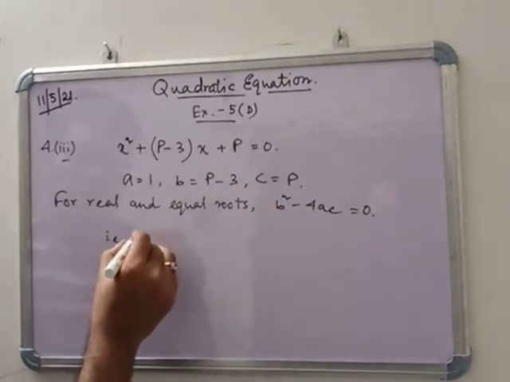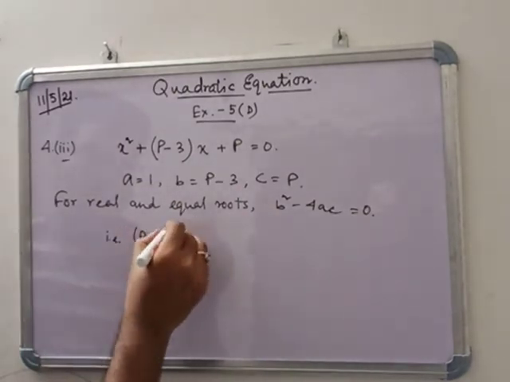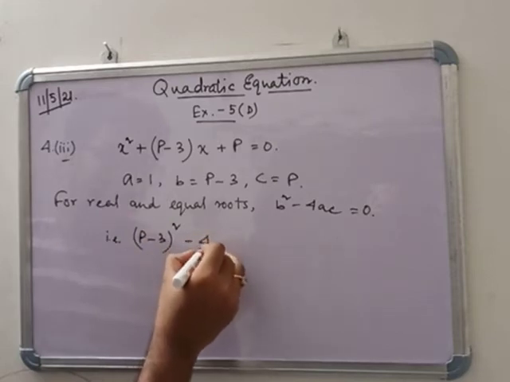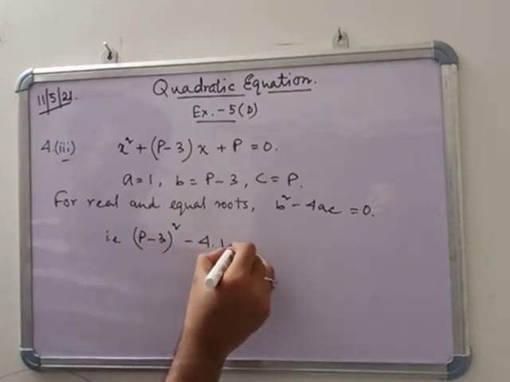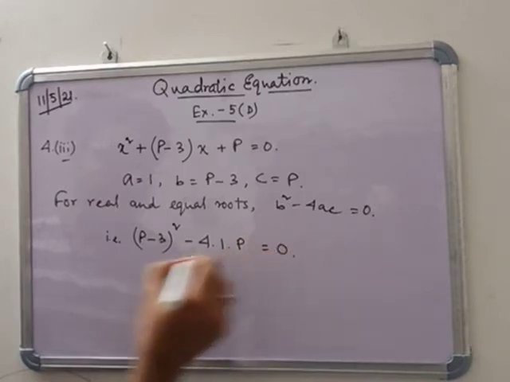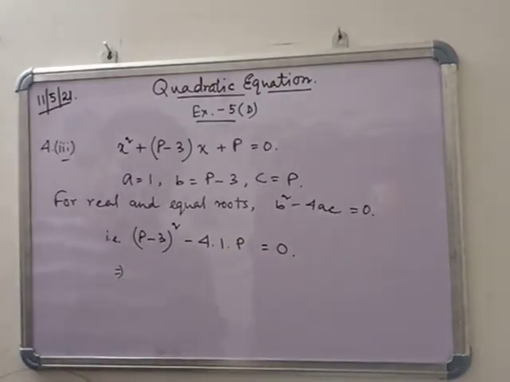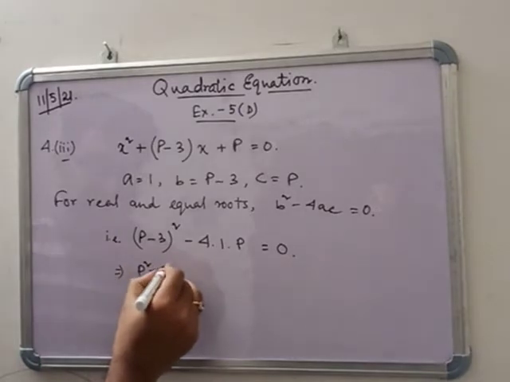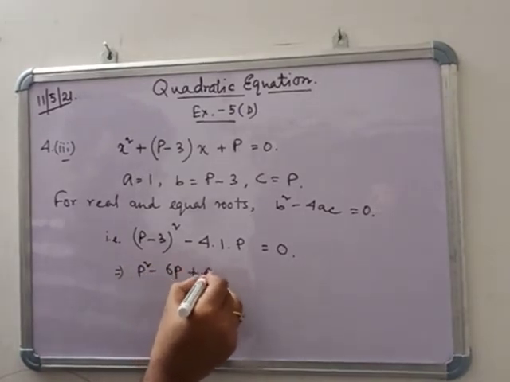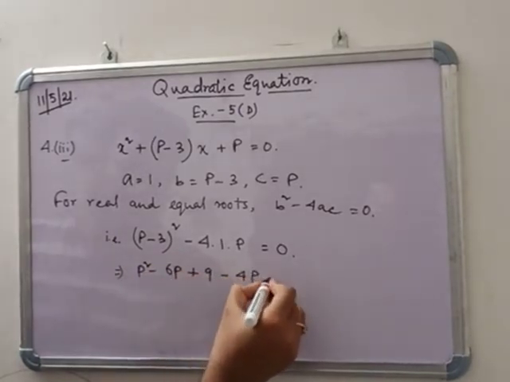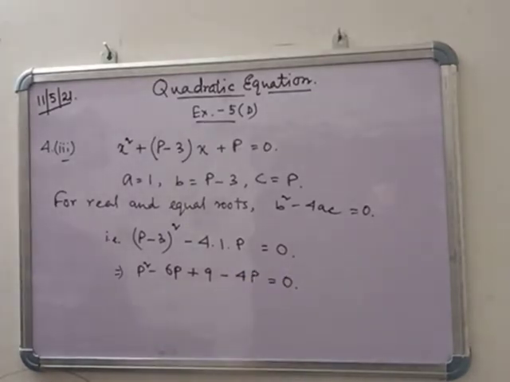That means p minus 3 whole square minus 4 into 1 into p equals to 0. So now this implies, p minus 3 whole square, that means p square minus 6p plus 9 minus 4p equals to 0.